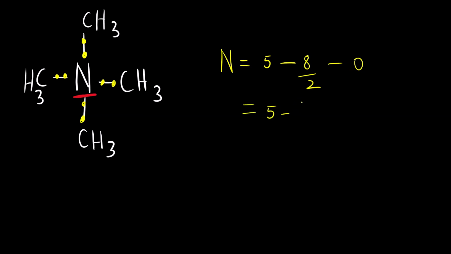So 5 minus 8 divided by 2 is 4. 5 minus 4 is 1. So what will be the charge on this? It will be plus. Also by structure, if we see how many electrons are present, 1, 2, 3 and 4. 4 electrons, that is less than the valence electrons. So again the same result, we will give a positive charge.